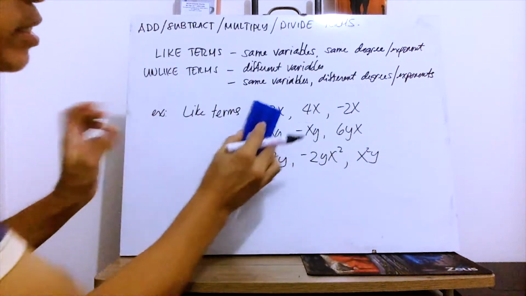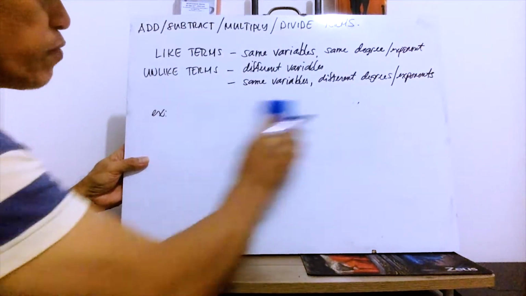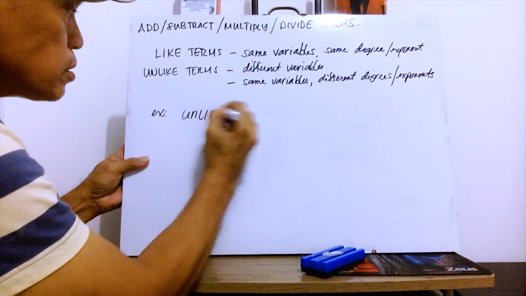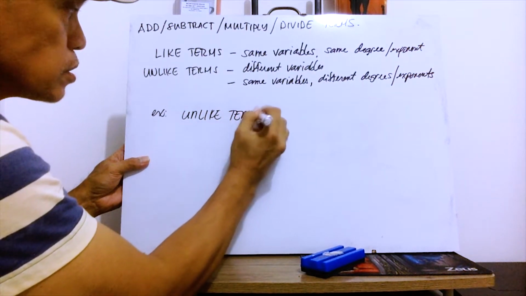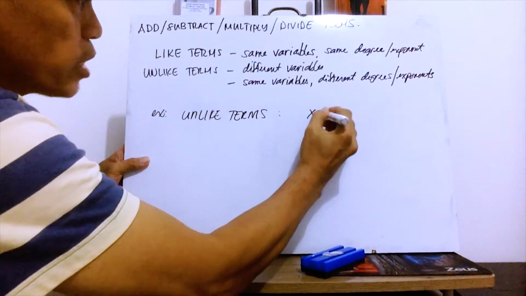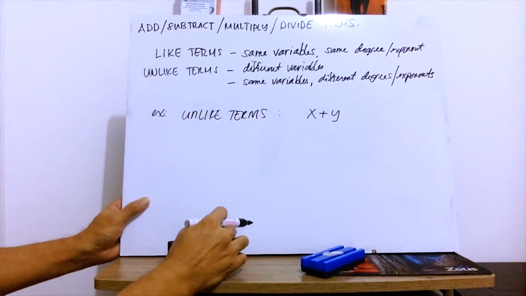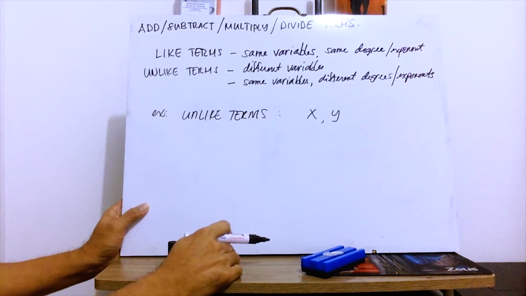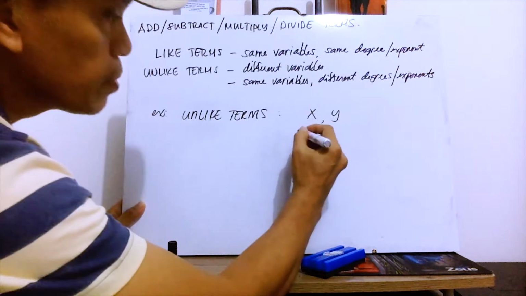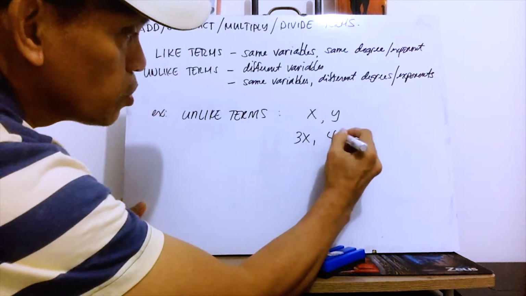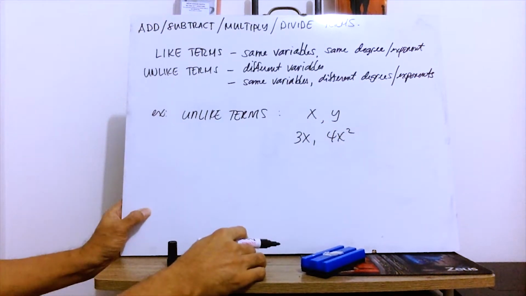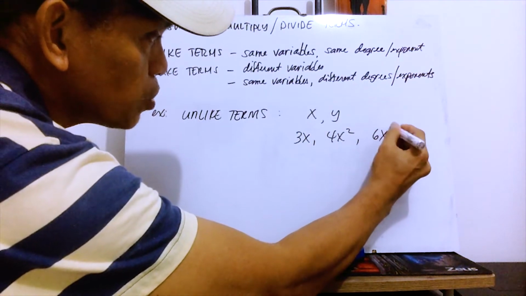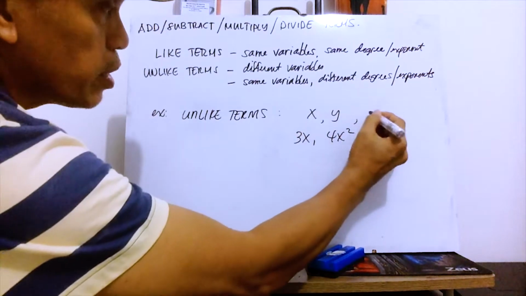How about unlike terms? I think this is very obvious, no? When you say unlike terms: x plus y. Now let's say xy. Those are unlike terms and you cannot add them. 3x, 4x squared, 6x cubed, x, y, z.